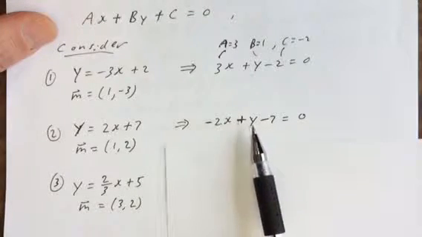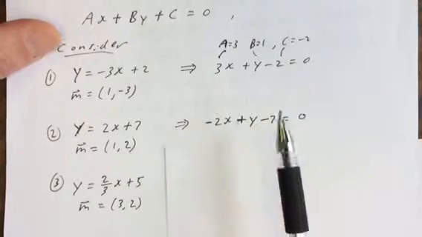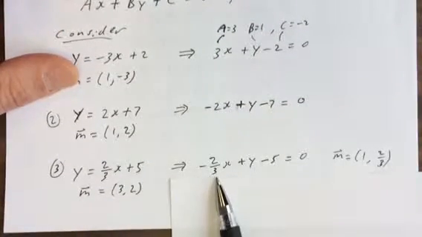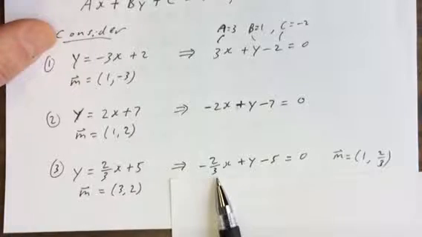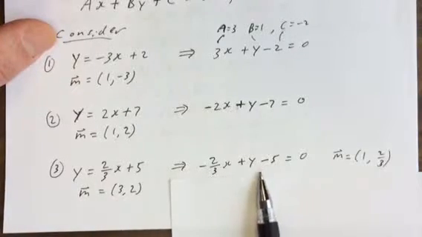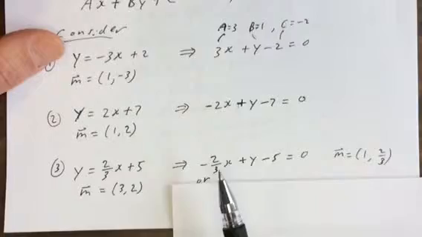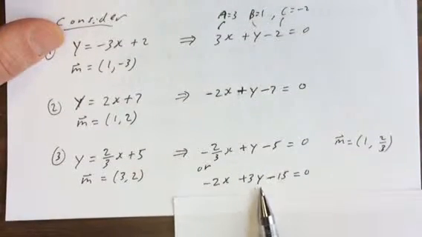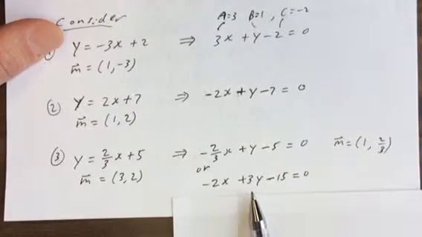A is negative 2, b is 1, and c is negative 7 for this one. In this one, when you rearrange it, you end up with a fraction in it, so you can just multiply everything out to get the fraction out. And you have negative 2x plus 3y minus 15 equals 0.